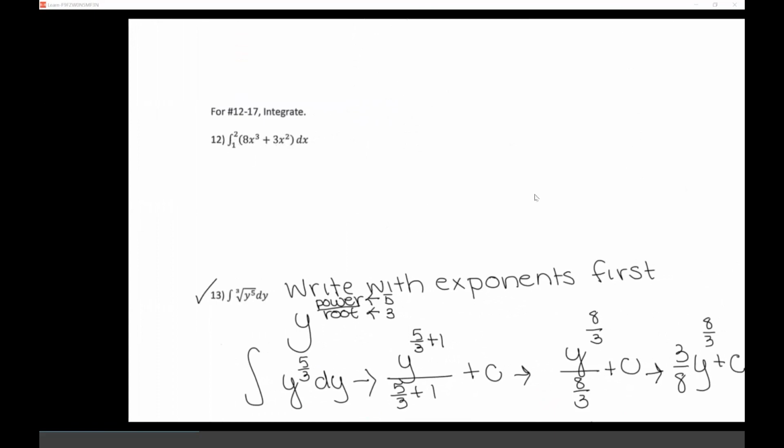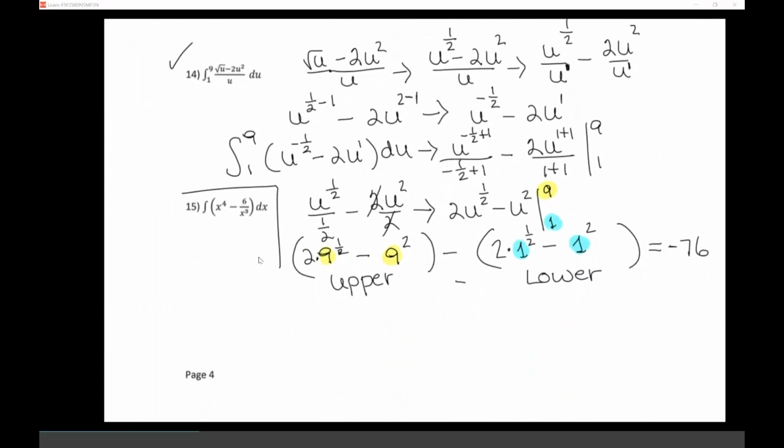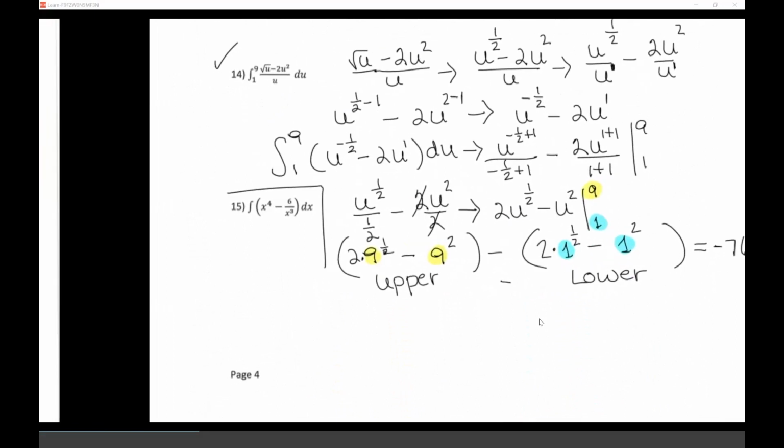That's not hard. This one, you're just going to rewrite as x to the 4th minus 6x to the minus 3, and then use the power rule. So that's not hard.